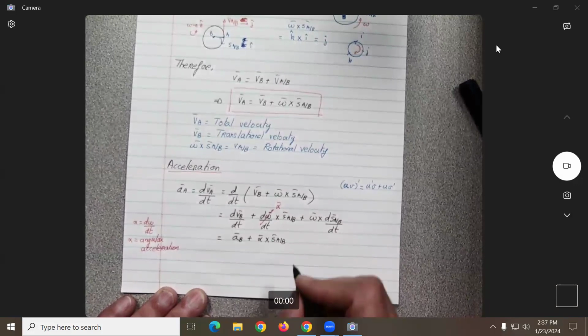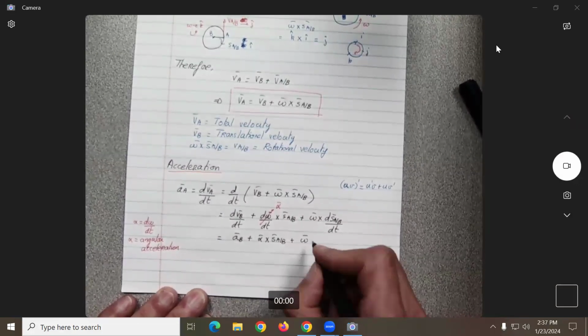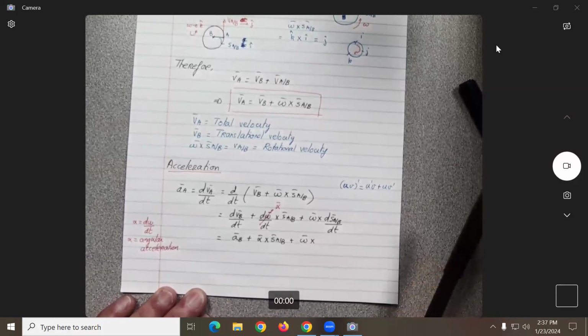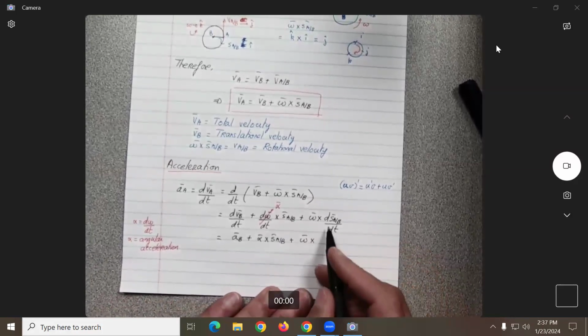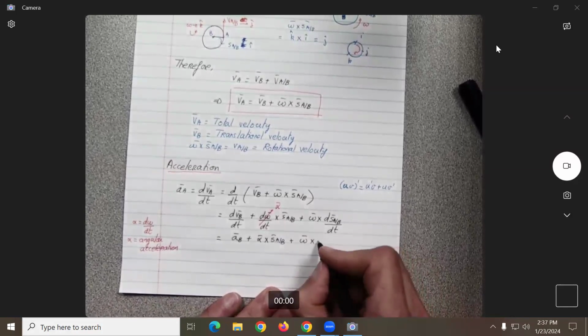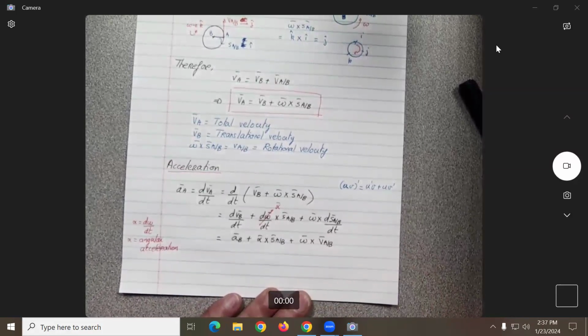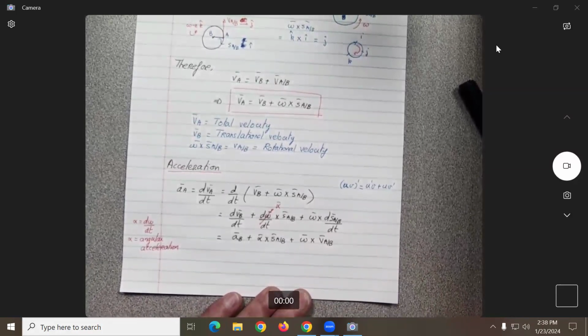And now this one is going to look really ugly at the beginning, but then it's going to become easier. What is this term over here? What is ds? What is dA with respect to B dt? VAB, correct? But what is VAB?